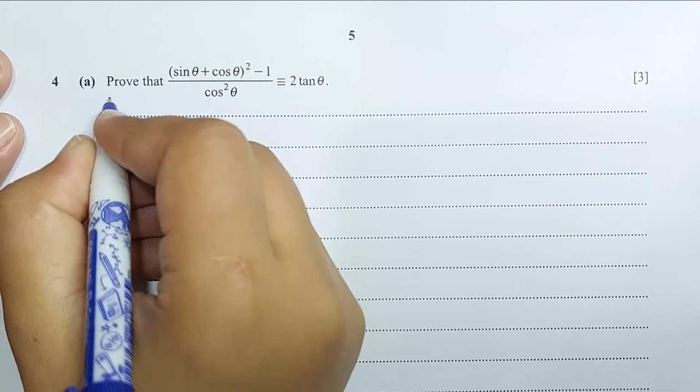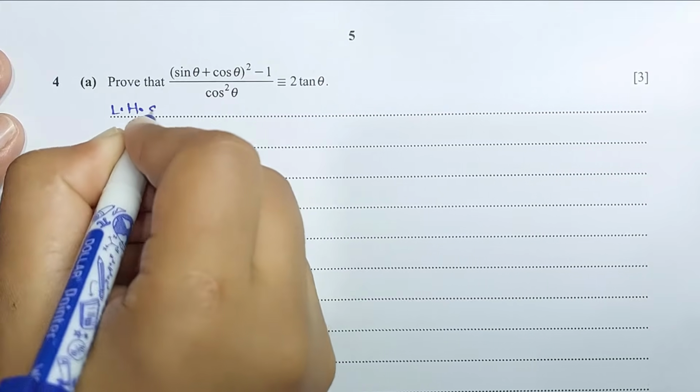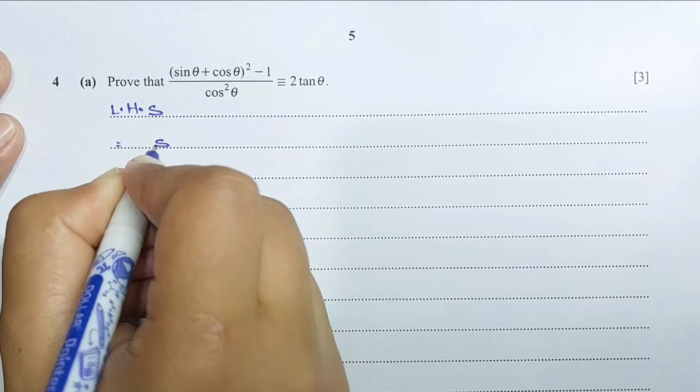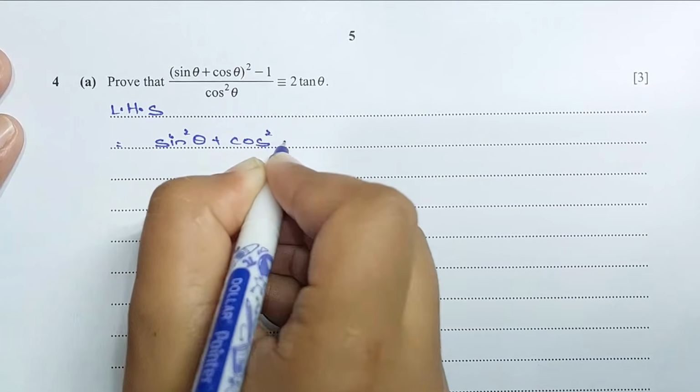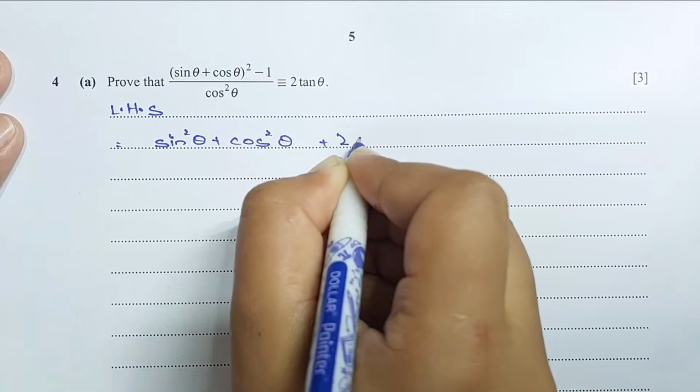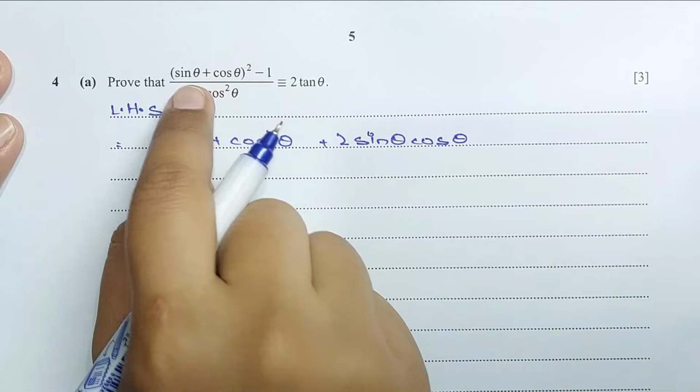Question number 4, part A. We have to prove left hand side equals to right hand side. Let me start from the left hand side. We have sine square theta plus cos square theta plus 2 into sine theta and cos theta. What I did over here, I opened the squared.